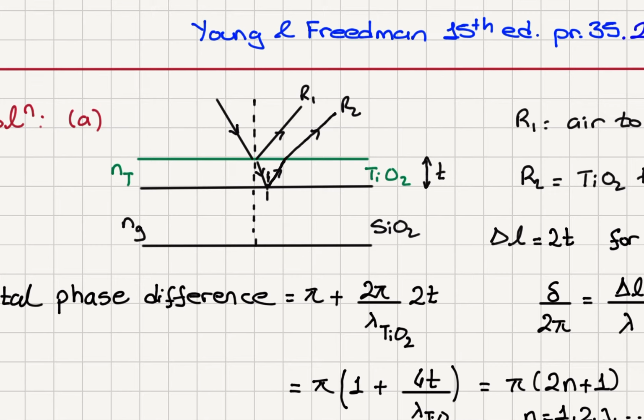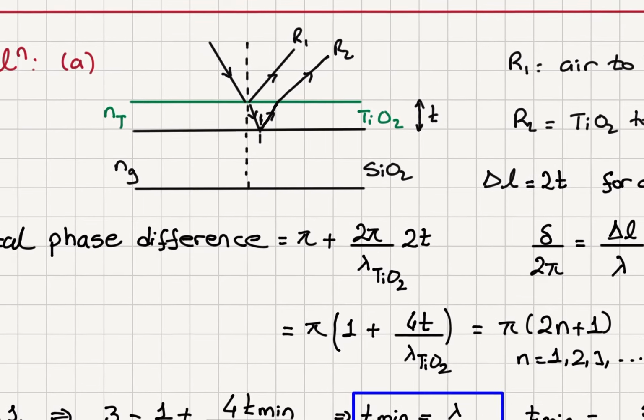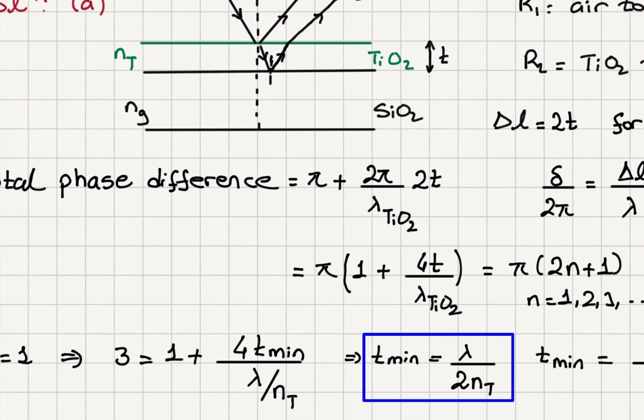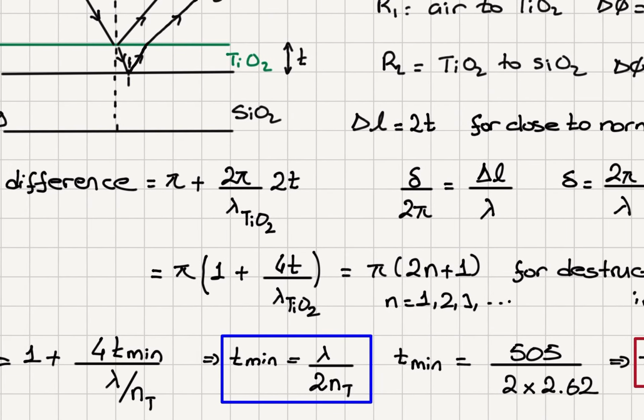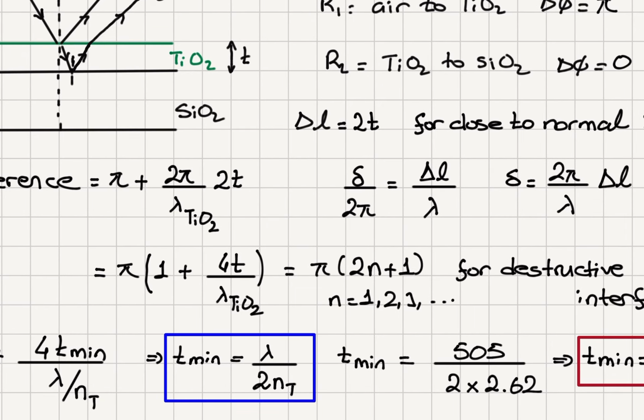It's the wavelength inside the titanium oxide, which is equal to the wavelength in air divided by the index of refraction of titanium oxide. So this must be equal to pi, 3 pi, 5 pi, etc. for destructive interference. It would be 2 pi, 4 pi for constructive interference, remember.